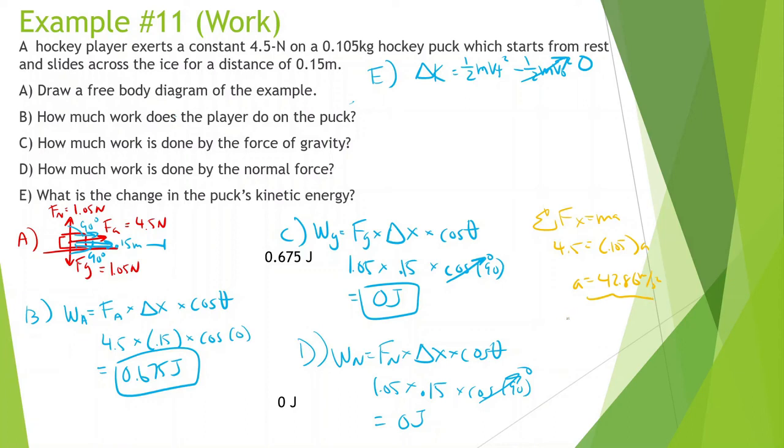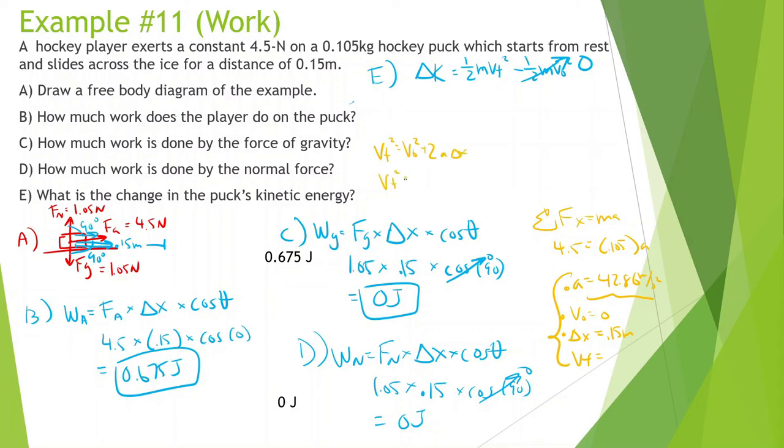So that's the acceleration. We know initial velocity is 0, and we know displacement is equal to 0.15 meters. Now we can find the final velocity because we have four pieces, three that we know and one that we are looking for. Final velocity squared is equal to initial velocity squared plus 2a change in x.